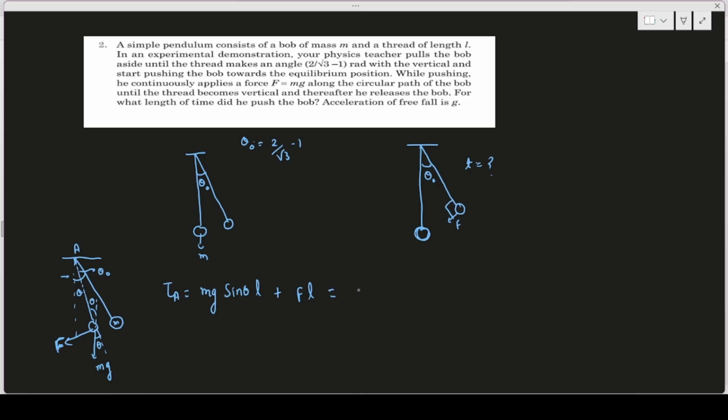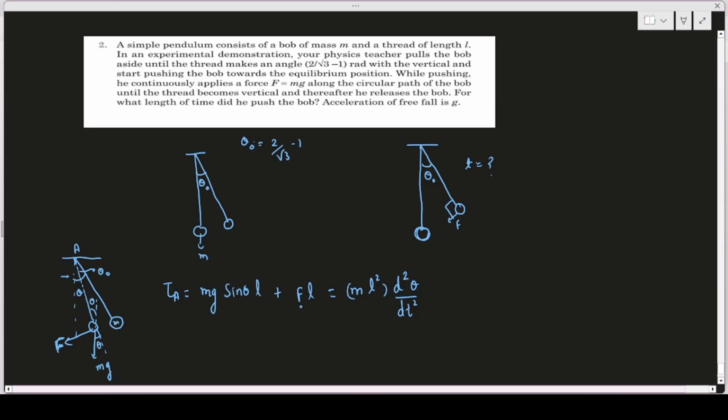So this torque will be equal to moment of inertia, which is ml square, into d square theta by dt square. Now replace this force by mg because it's given that this force is equal to mg. So mgL taking common, sine theta plus 1 equal to ml square d square theta by dt square.